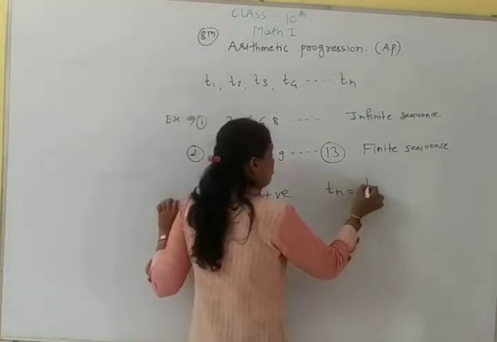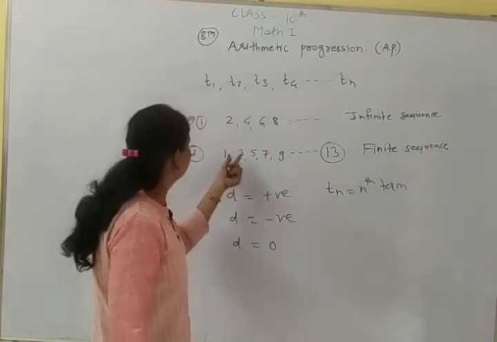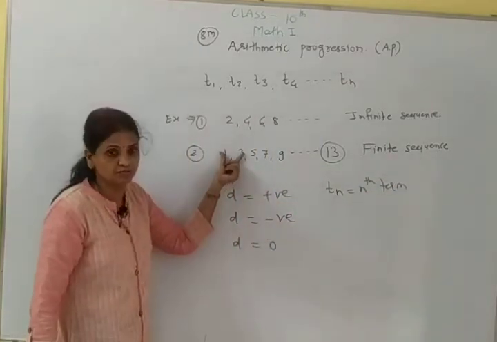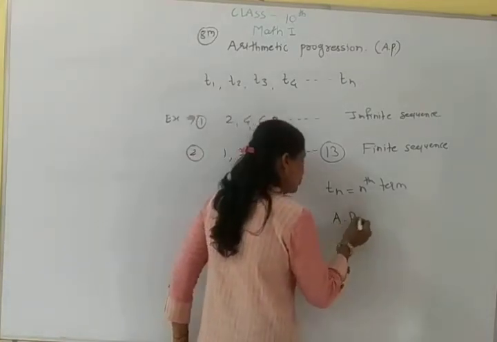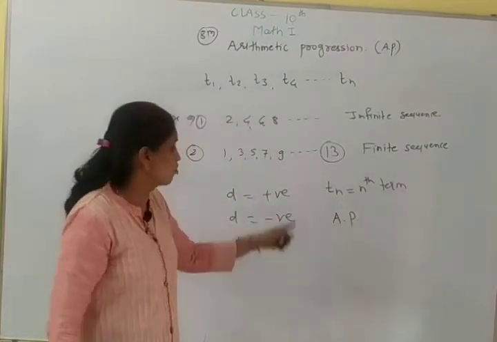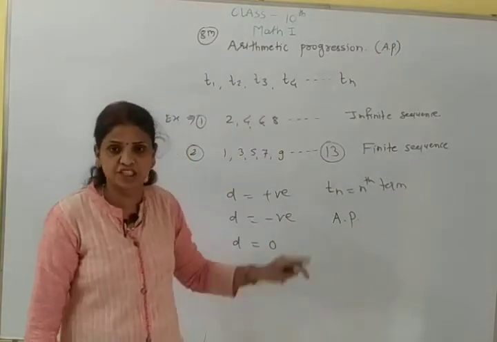Tn equal to nth term, and if the difference is same in these consecutive terms, then this sequence is called an arithmetic progression. This is called an AP, because if the difference is same, then the given sequence is an AP, otherwise it is not an AP.